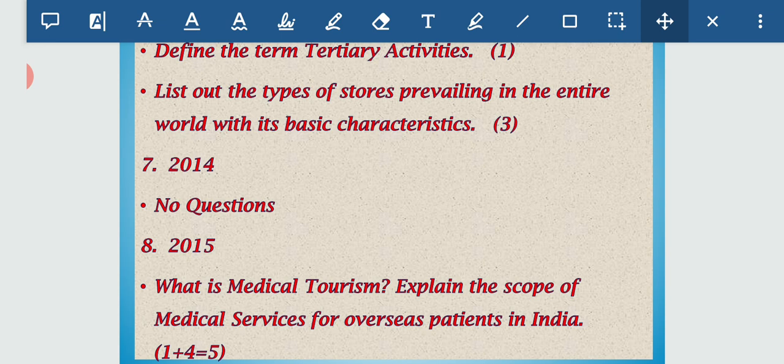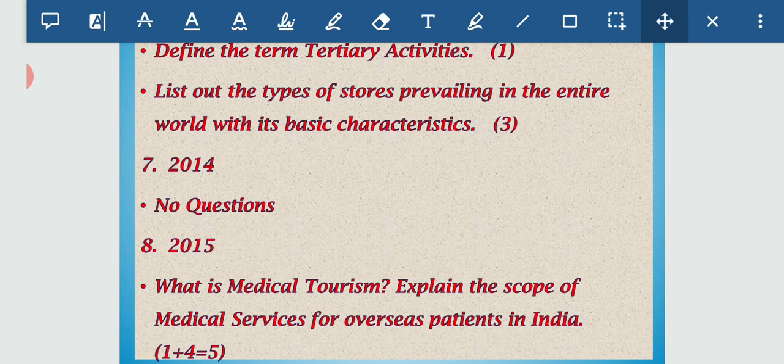And we have hospitals where they perform various services to give better treatment or to give a second opinion on the reports sent from far off countries or foreign countries. That is the scope for overseas patients in India.